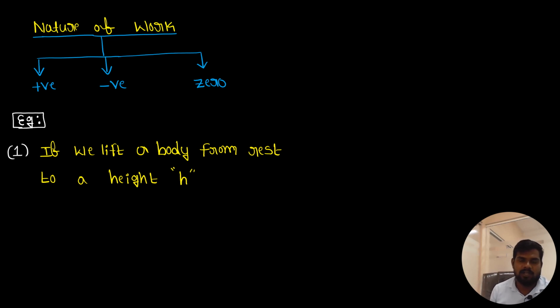Now I am drawing the diagram. This is the ground. On this ground I am taking one object. This object is at rest position and this is the ground.